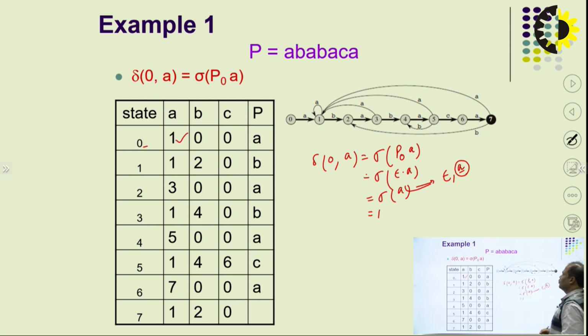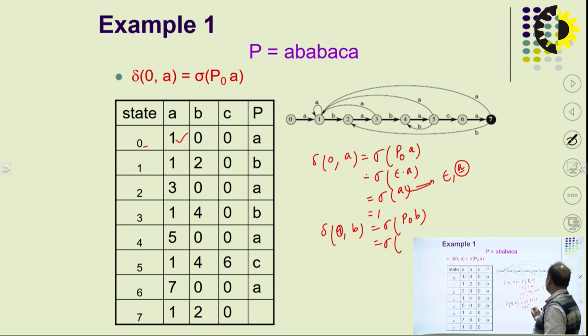Now we are interested in delta of 0 comma b. This is sigma of P0 b. It has two suffixes, epsilon and b. Epsilon is always there, and b is not a prefix of the given pattern.